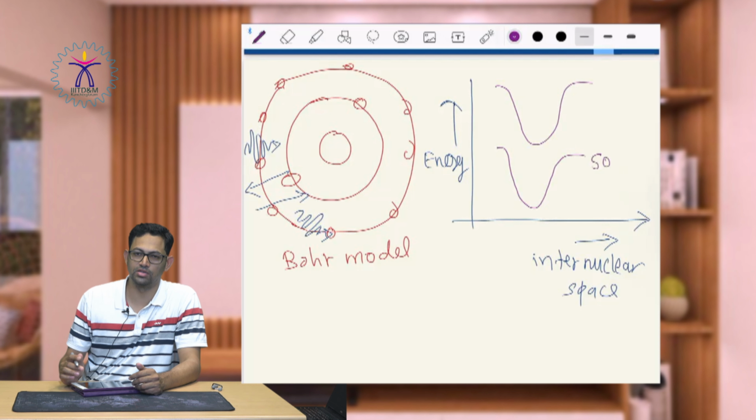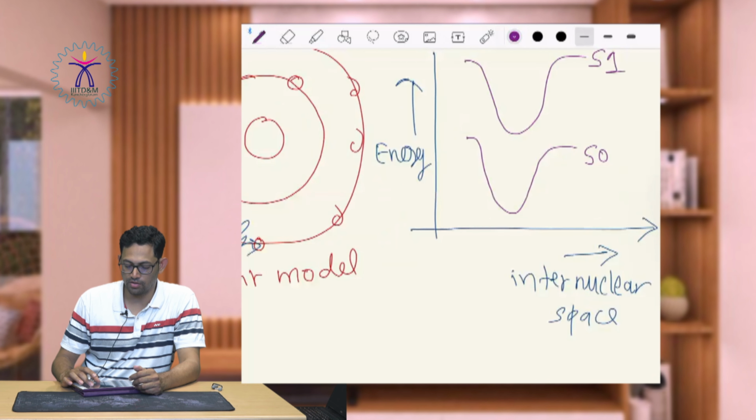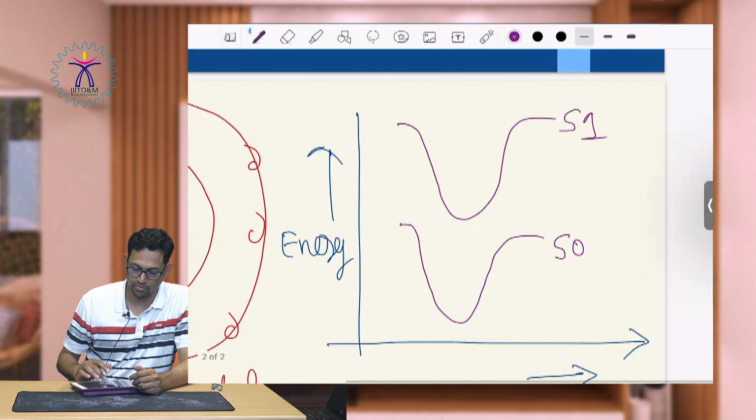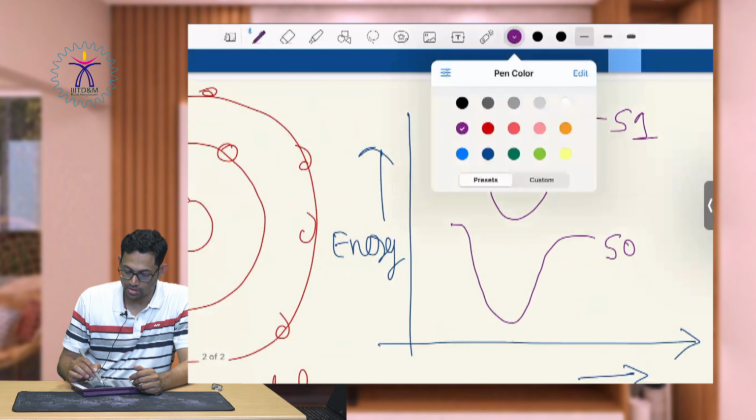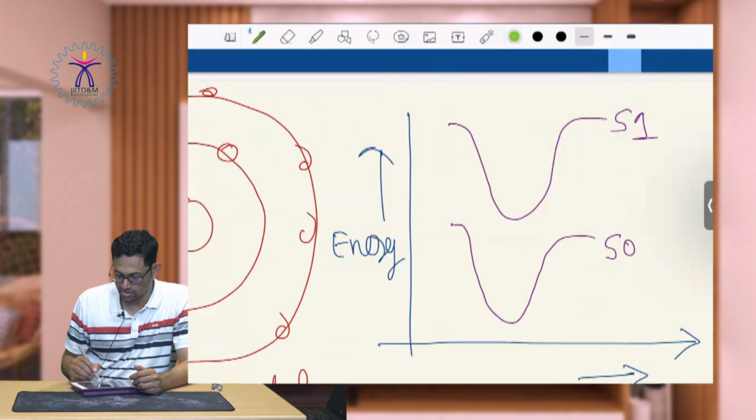So S0 is the ground electronic state, and S1 is the first excited electronic state, and each of these electronic states is divided into small parts. So here you can see they are divided into small levels, like this.